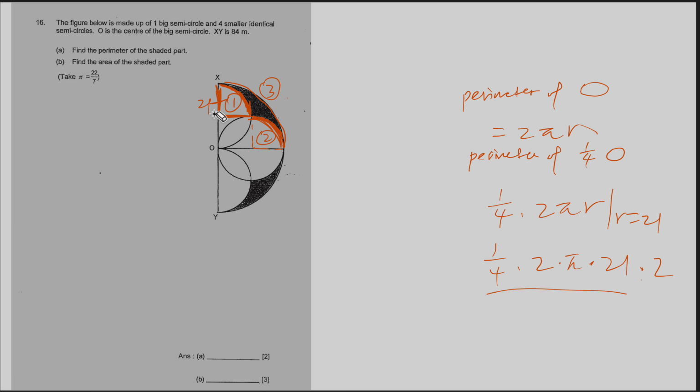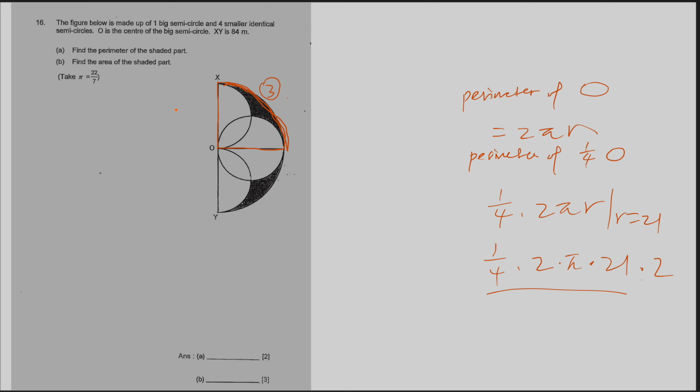If you can zoom out, you know part 3 is also 1 quarter of the circle, but which circle are you talking about? Can you see? Part 3 is also 1 quarter of the circle with radius 21 plus 21, right? Which is 42, right?